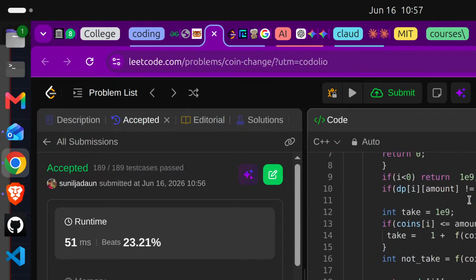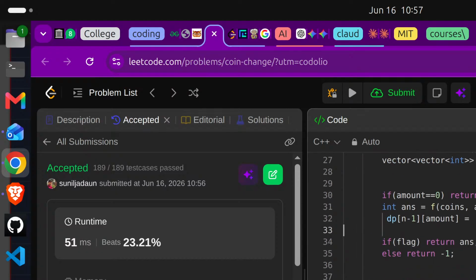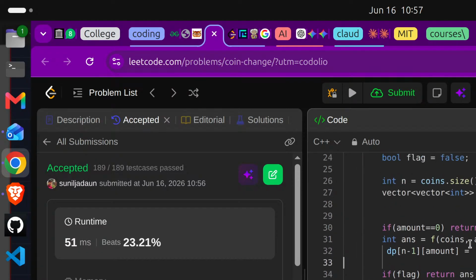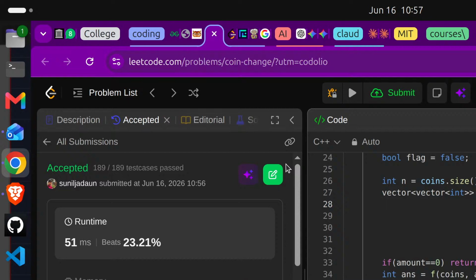Next thing what we can do, we can run a tabulation also in that. So let's go for tabulation from now. We have to initialize it, we have to take this also. Okay. For I equal to 0, I is less than what? I think we have amount is 0, right?